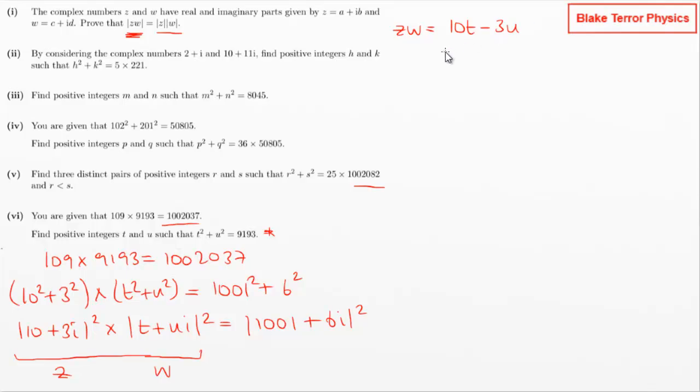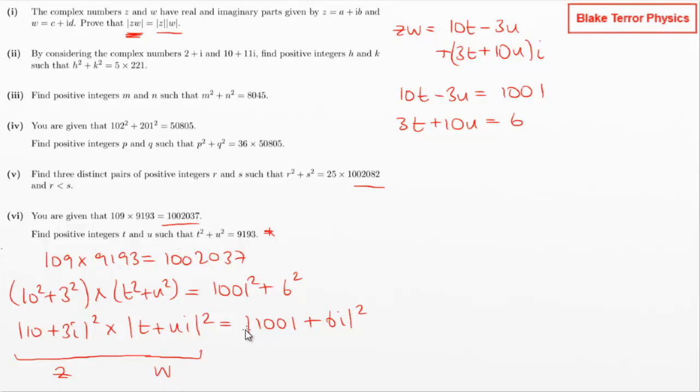And then the imaginary part, I'm going to have 3t plus 10u i. So I now equate these things to each other and say, right, well, 10t minus 3u has got to be equal to 1001. And that 3t plus 10u has got to be equal to 6.